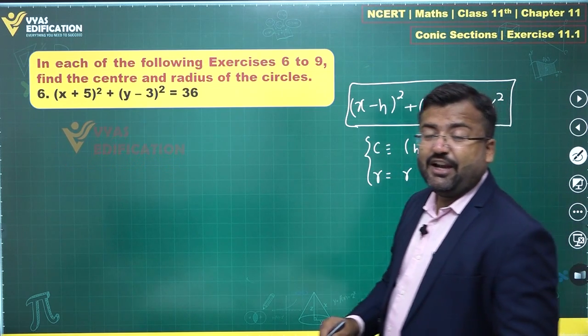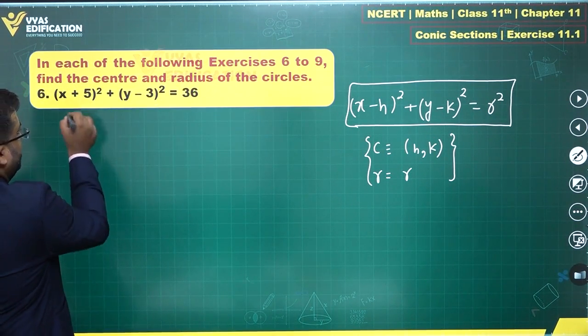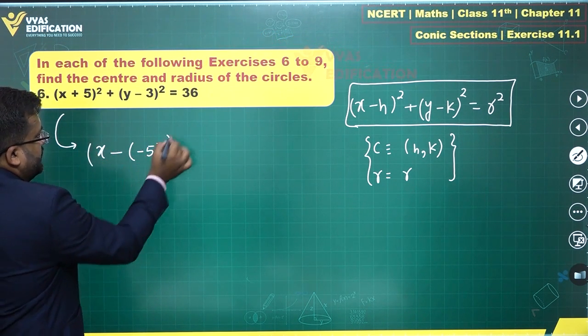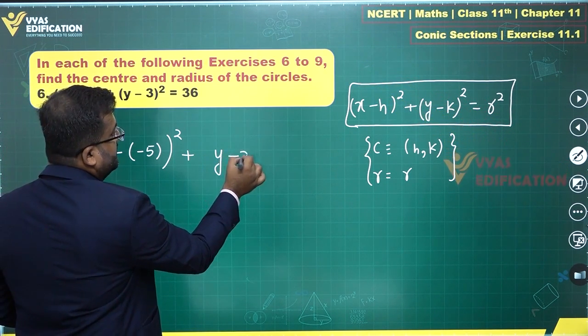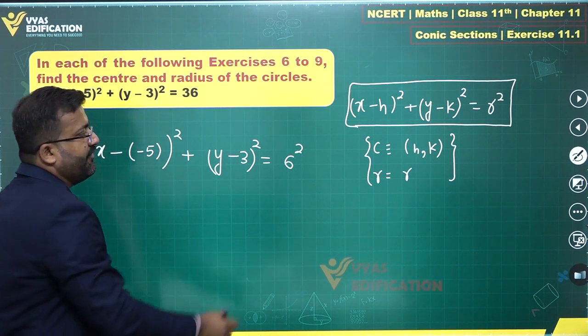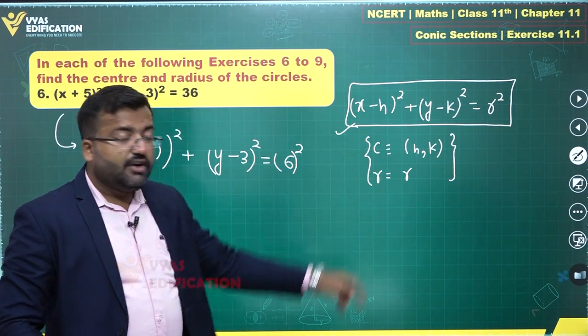Let's try to arrange this particular equation in that form as you have over here. This further can be written as x minus of minus 5 squared plus, you can observe, y minus 3 squared is equal to 36, which is actually 6 square, right? So you have written the complete equation in the standard form of circle.